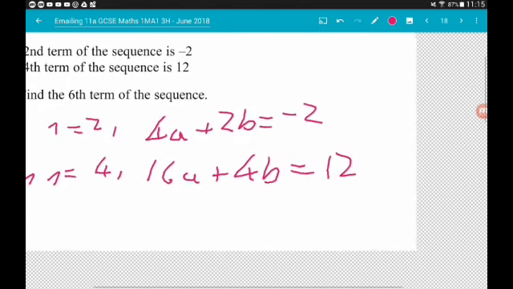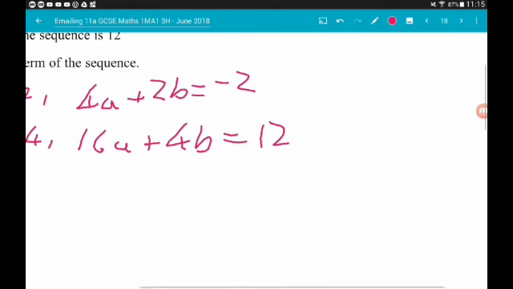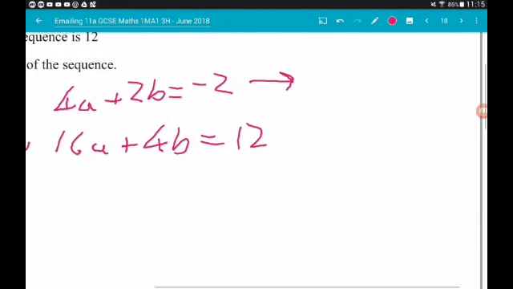Okay, so we now need to solve these simultaneous equations for A and B. Now, we can actually divide both equations here to get the same amount of B. So, equation 1 has a common factor of 2.